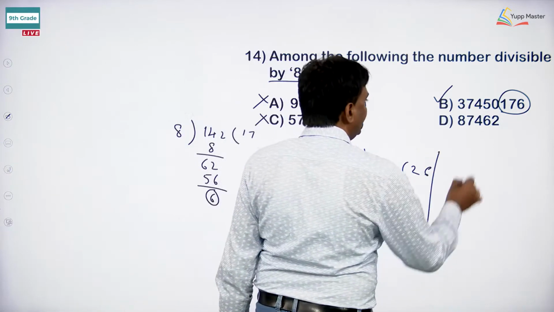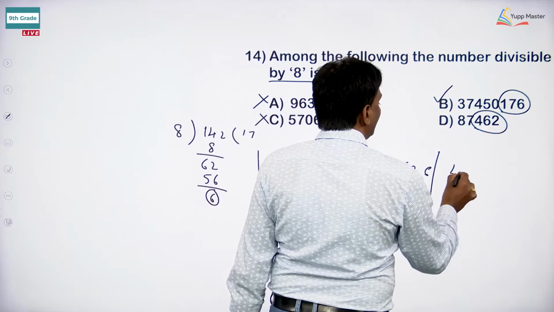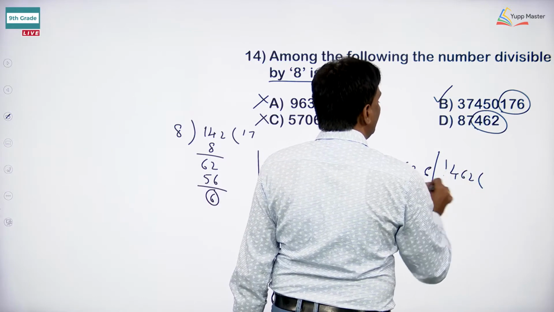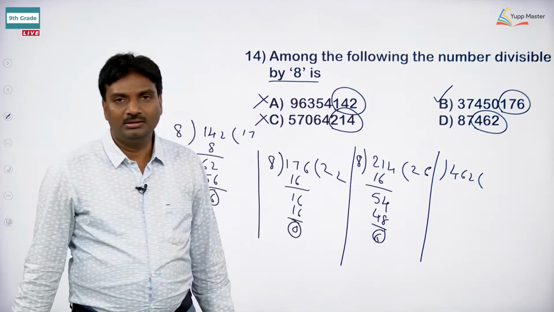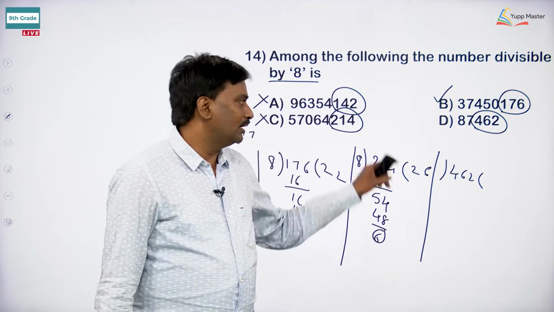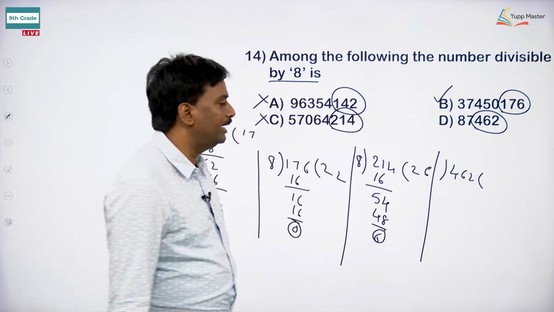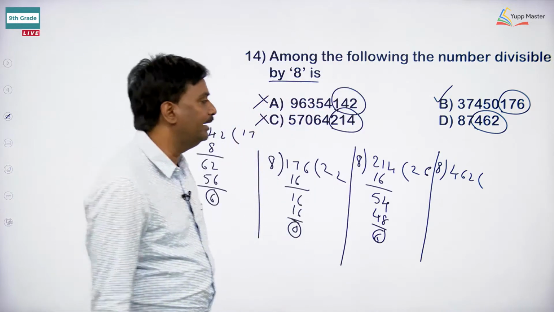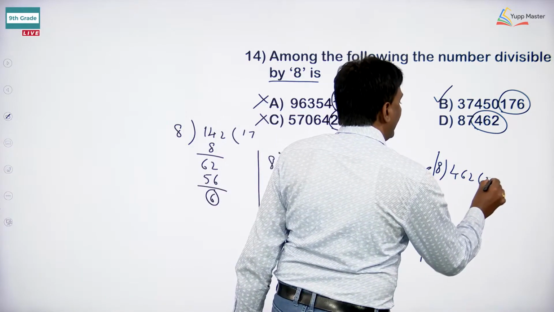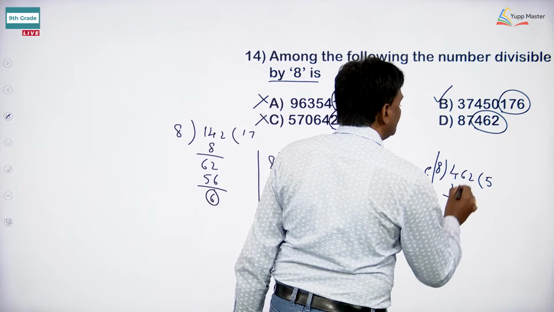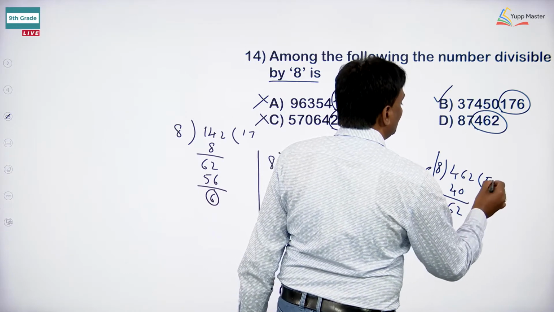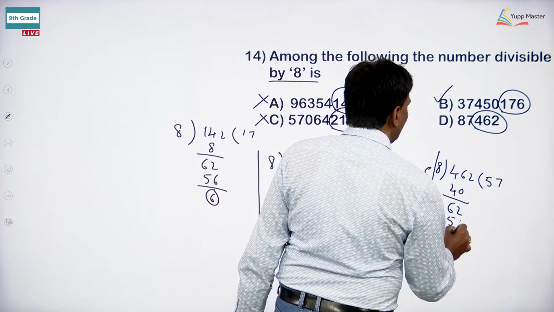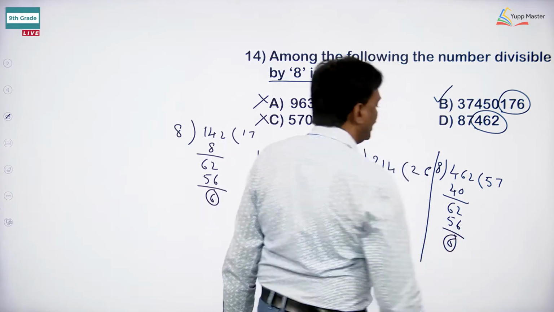If you take option D, the last 3 digits are 462. Let us check whether 462 is divisible by 8 or not. 8 5 is 40, 46 minus 40 is 6, 62, 8 7 is 56, so 6 is the remainder.